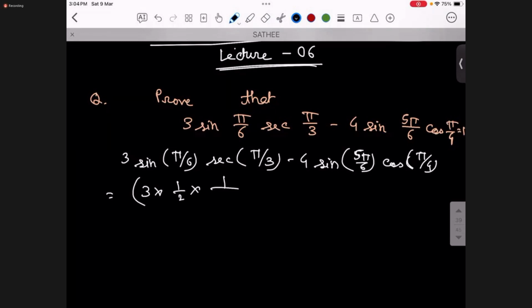And what about cos(π/3)? That is also 1/2, which together gives 2.